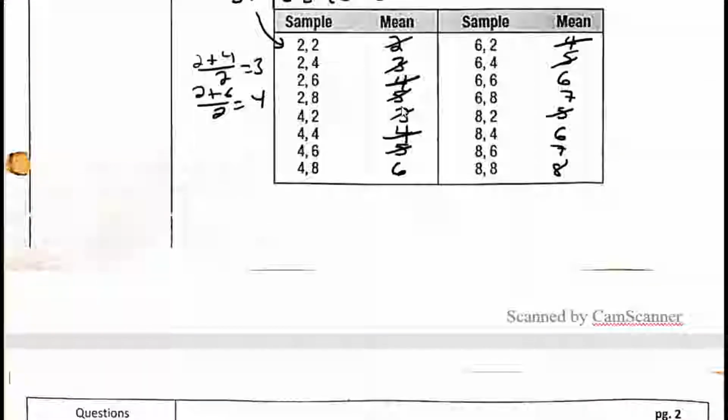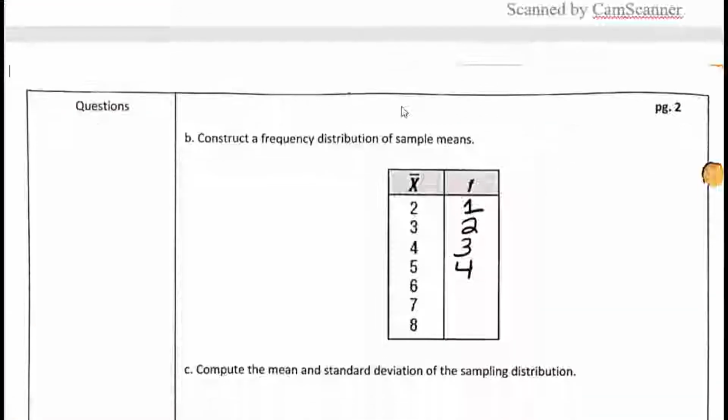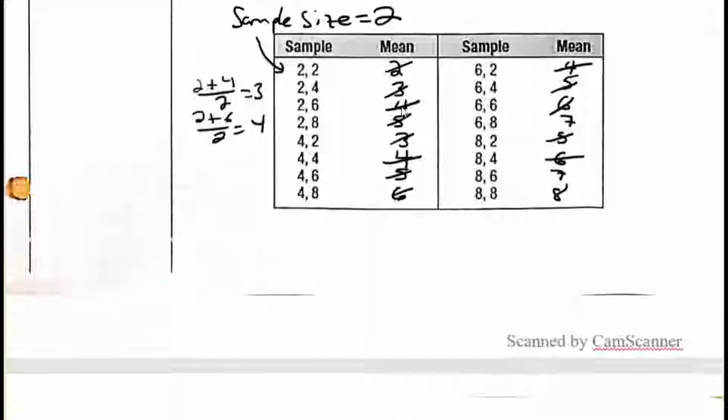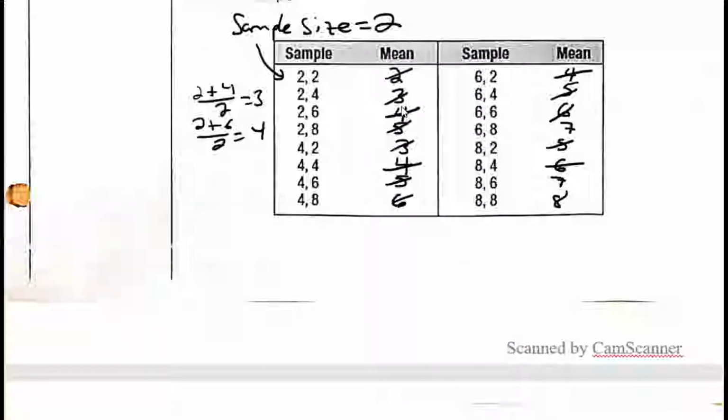All right, 6: 1, 2, 3. 7: 1, 2. And then we have 1, 8. So 2 7s and 1 8.